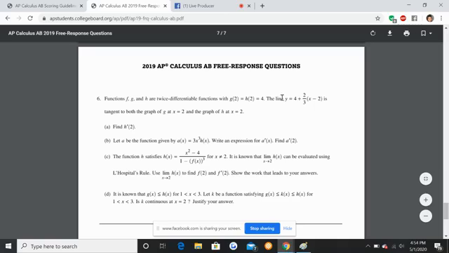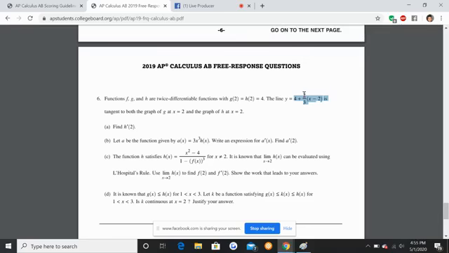So we know that the derivative of this line, when we plug in 2, is going to be equal to h prime of 2, because if the line is tangent to the graph of h at x equals 2, that means the derivatives are equal, the slopes of the lines are equal, correct?